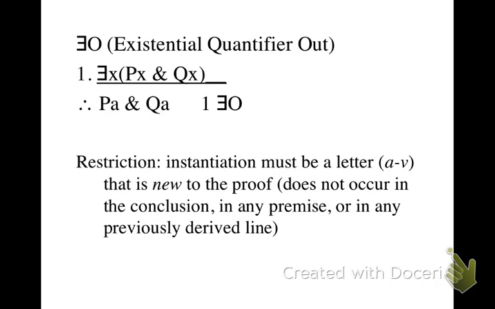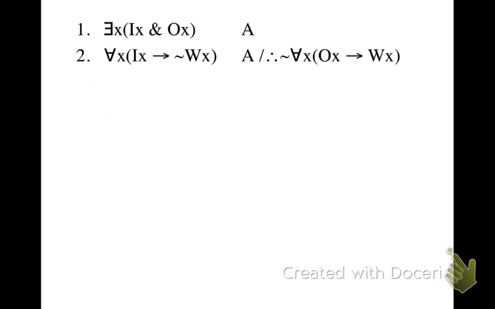So I will illustrate how this works with a proof. To start this off, we notice that the conclusion is a negated universal statement. So overall, we're going to need to get this conclusion by a reductio proof, by a dash-in proof.